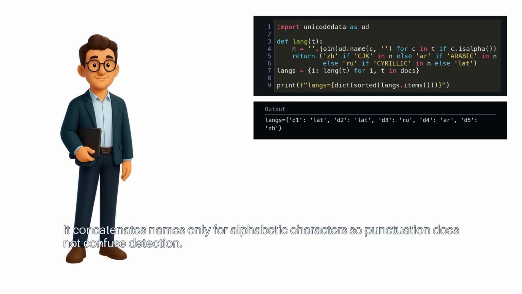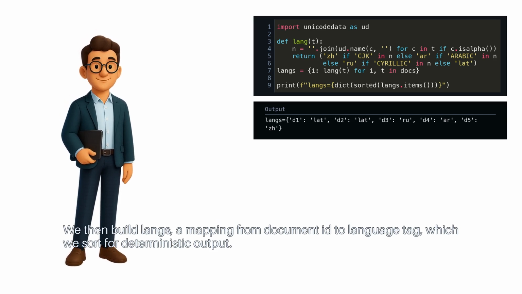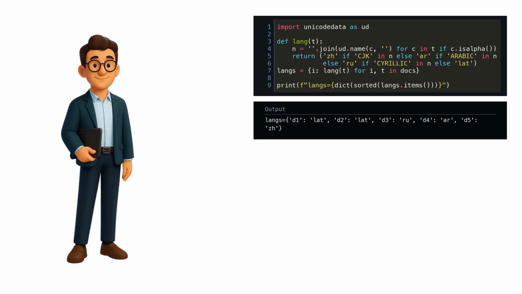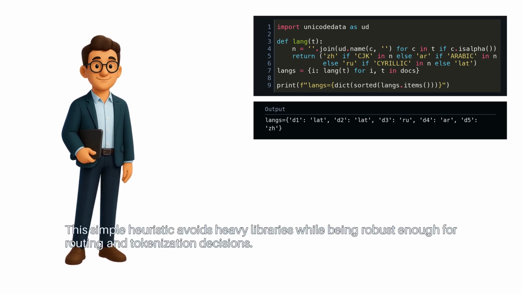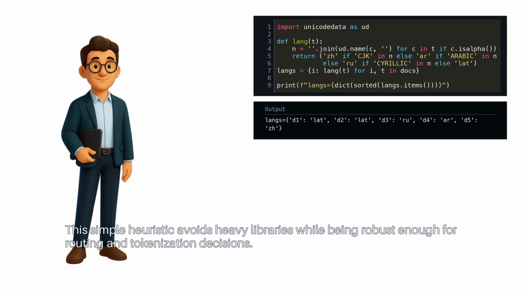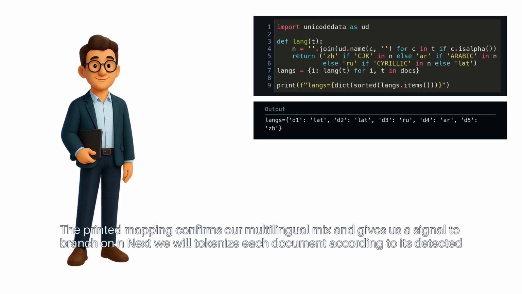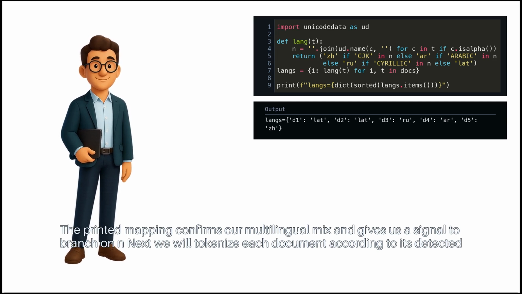It concatenates names only for alphabetic characters, so punctuation does not confuse detection. We then build langs, a mapping from document ID to language tag, which we sort for deterministic output. This simple heuristic avoids heavy libraries while being robust enough for routing and tokenization decisions. The printed mapping confirms our multilingual mix and gives us a signal to branch on.